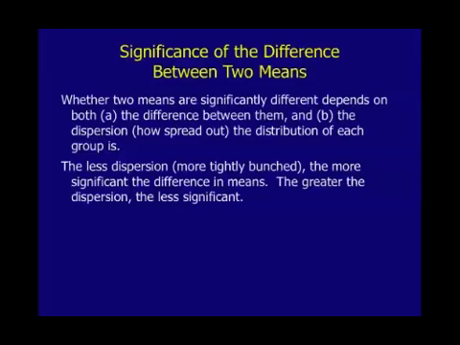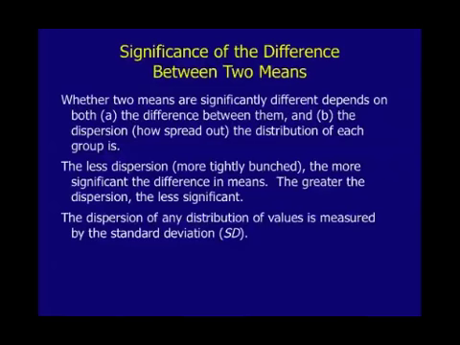The less the dispersion, the more tightly bunched cases are around the mean of a group, the more significant the difference in means. The greater the dispersion, the less significant. The dispersion of any distribution of values in a group is measured by a statistic called the standard deviation.